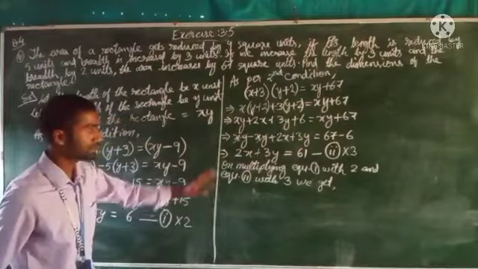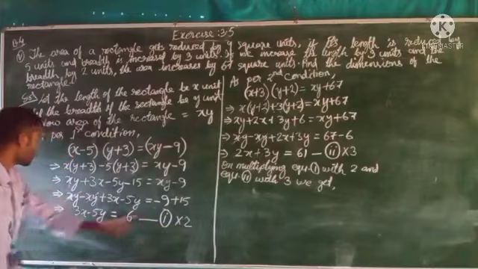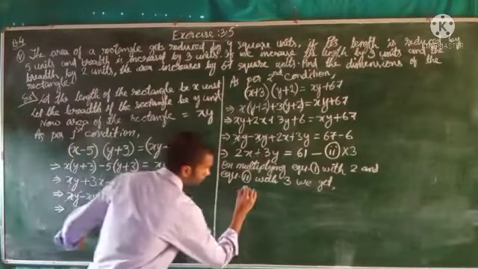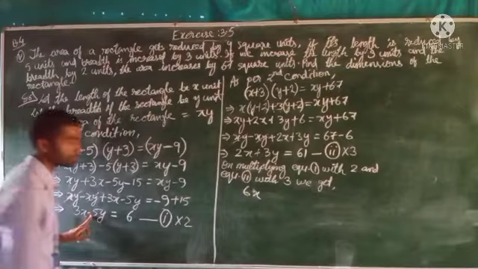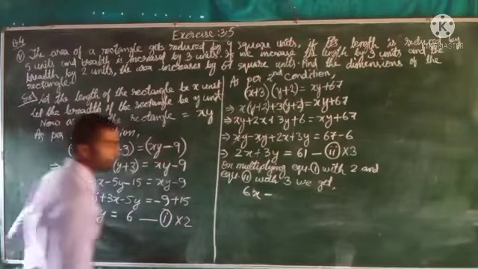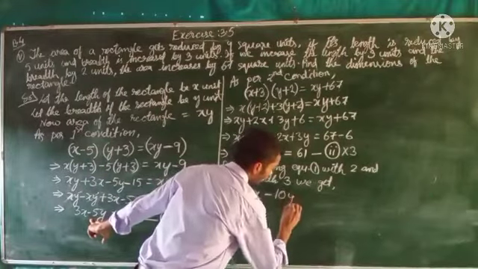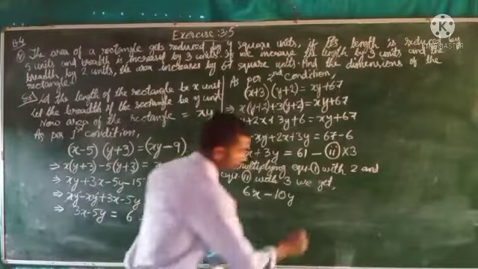the equations. Equation 1, when we are multiplying with 2: 2 into 3, 6x, again minus 5 into 2, 10y is equal to 6 into 2, 12.